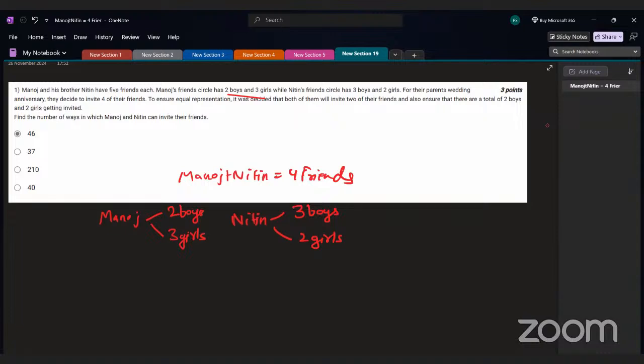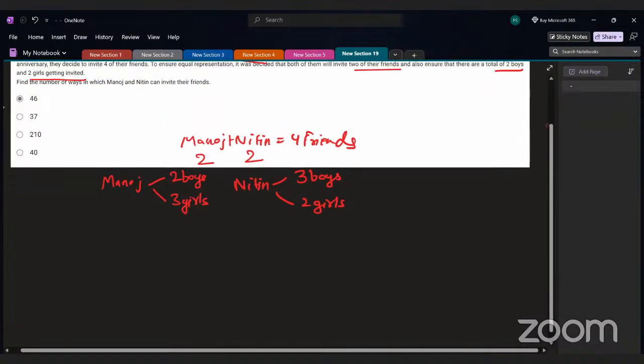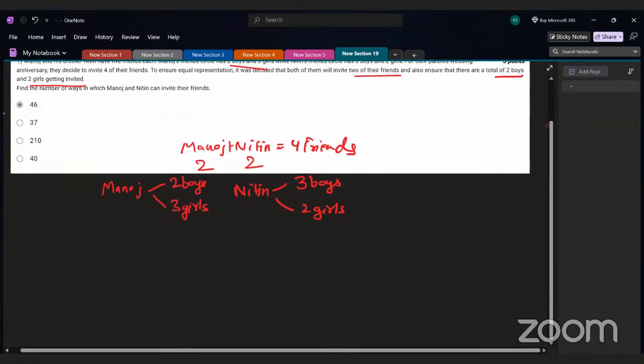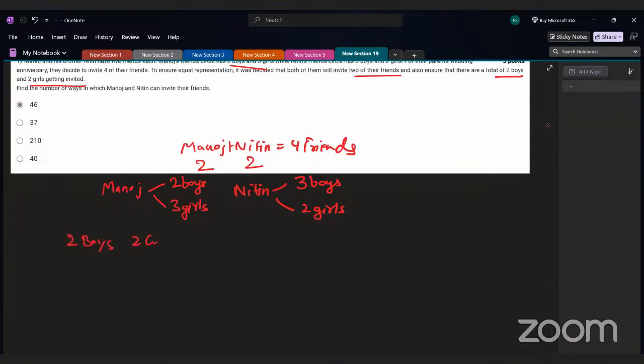To ensure equal representation, both of them will invite two of their friends and also ensure that there are a total of two boys and two girls invited. So Manoj can invite two of his friends and Nitin can invite two of his friends. Now one more constraint we got is there should be two boys and two girls.